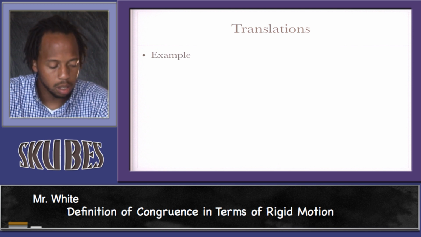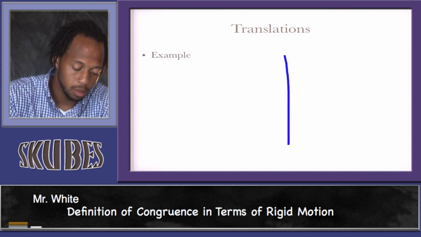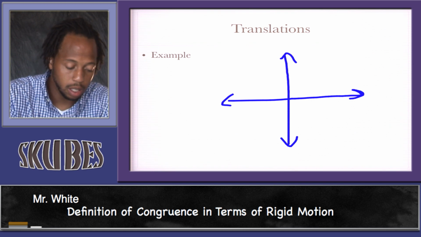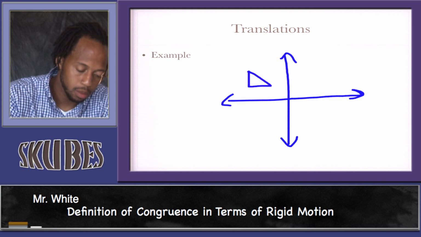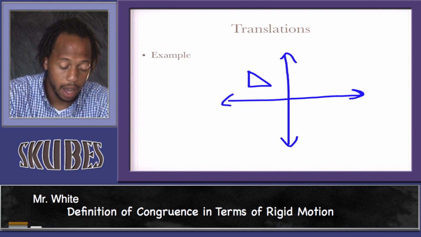So let's take a look at an example of a translation. A translation is when a geometric figure either slides down or up or to the right, or in a combination of the two to make a diagonal transformation.